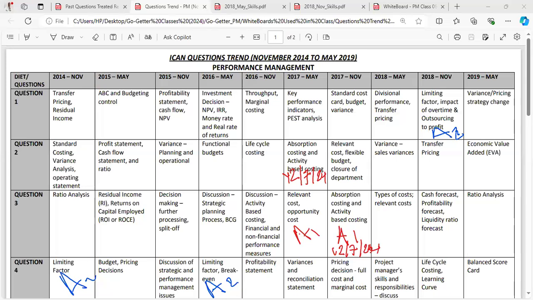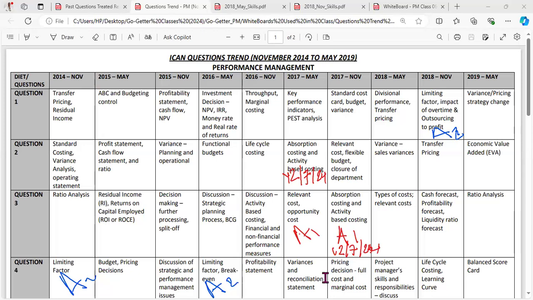The limiting factor per unit should be known. Then the fourth one is to calculate your contribution per limiting factor per unit. Then the fifth is to rank your production based on the contribution per limiting factor per unit. And the next, which is the last, is to produce a schedule for optimal production.